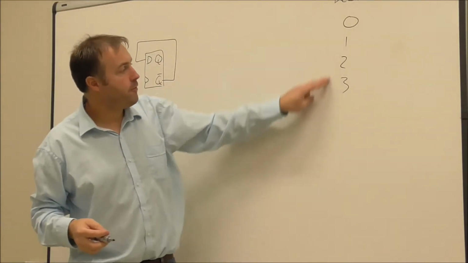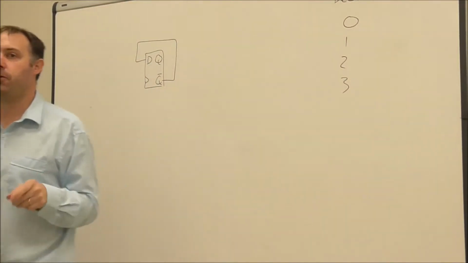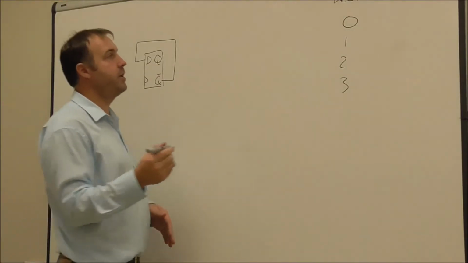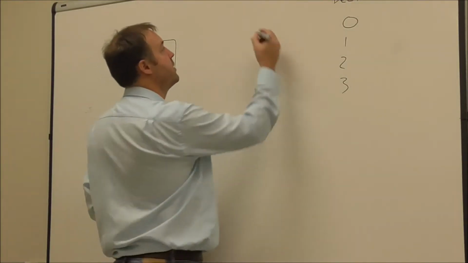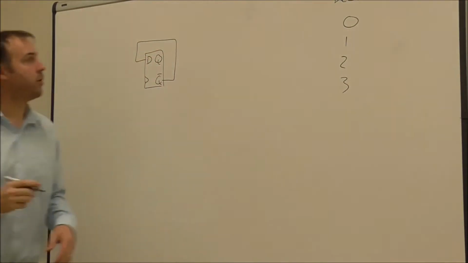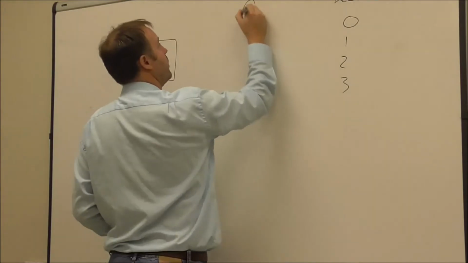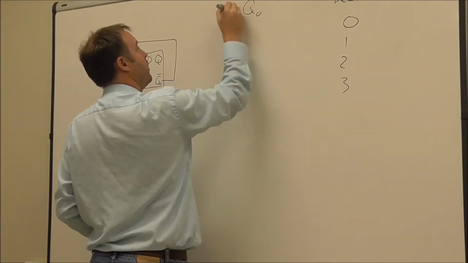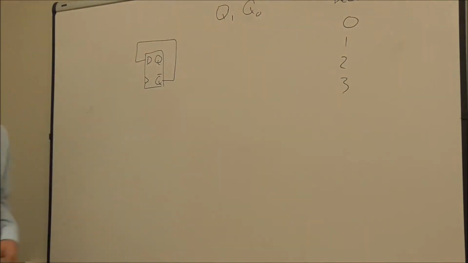I've got 4 different numbers. So 2 to the power of what is equal to 4? Well, it's 2, isn't it? So it means I need 2 binary digits. Let's call them Q0 and Q1.